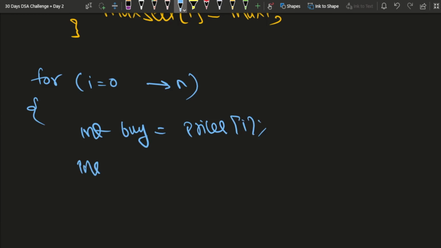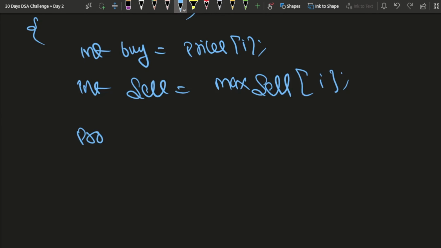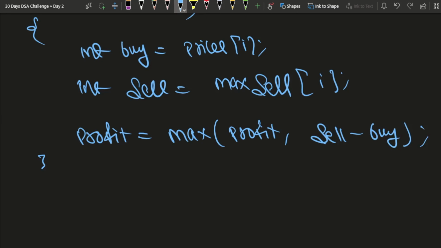Then we will write profit is equal to maximum of profit and sell minus buy, correct? And at the end we will return our profit. So this is going to be our code, this is going to be our approach.